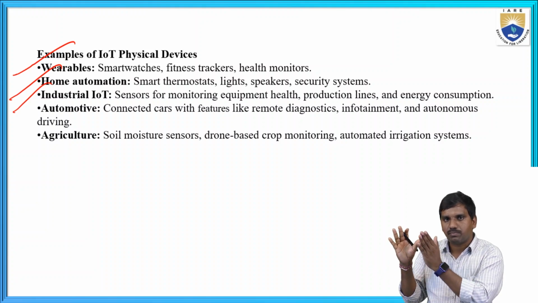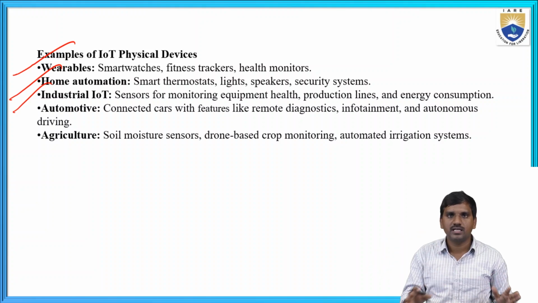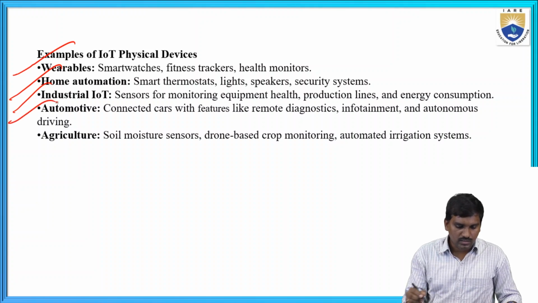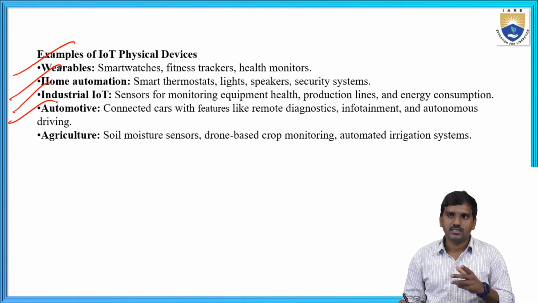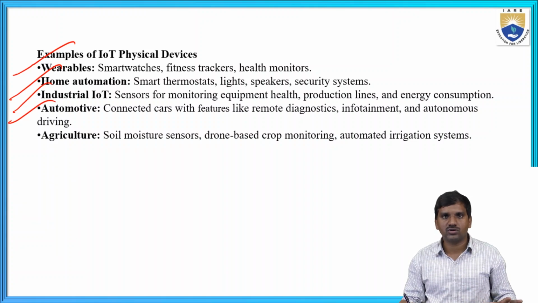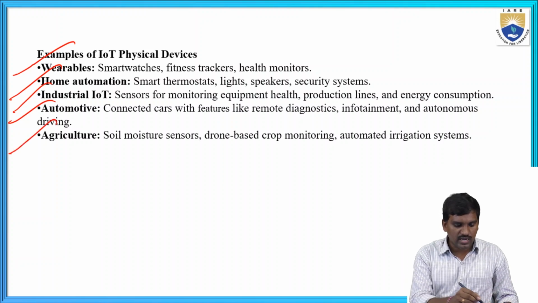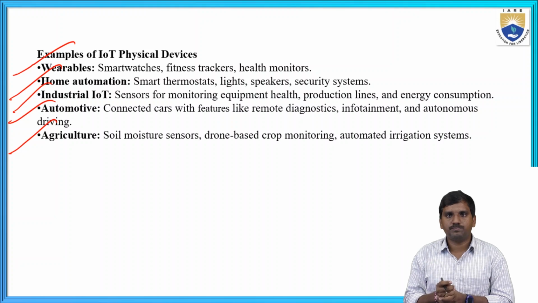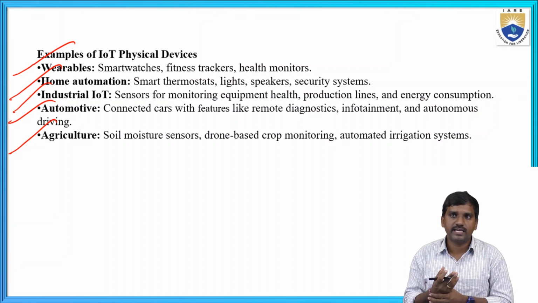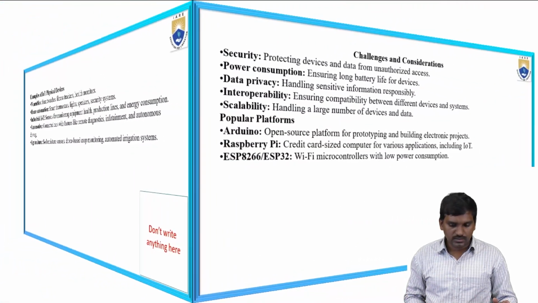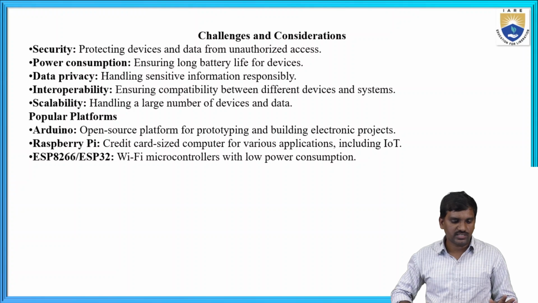The life cycle of that particular machine can be calculated by the IoT device. Next, automotive: connected cars with features like diagnostics, infotainment, autonomous driving. The last one, agriculture: soil monitoring sensors, drone-based crop monitoring systems, automated irrigation systems, like that.